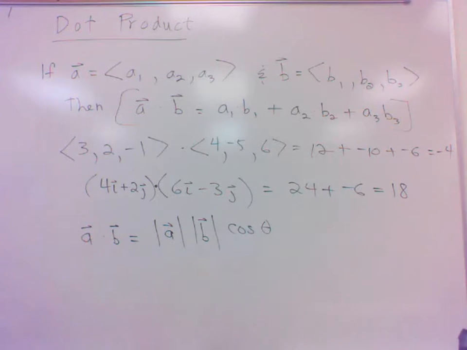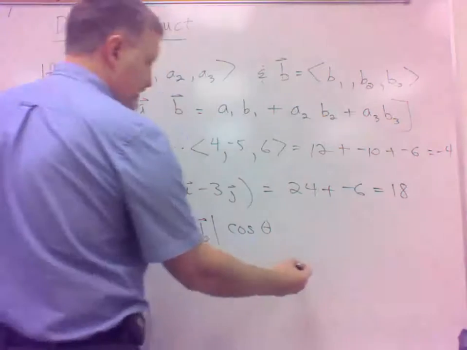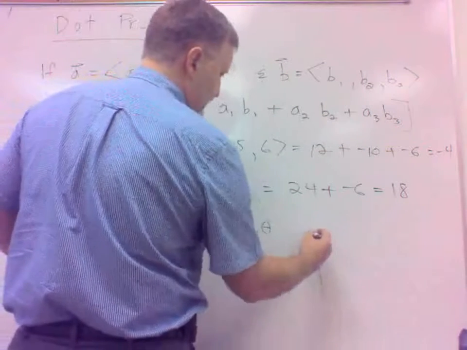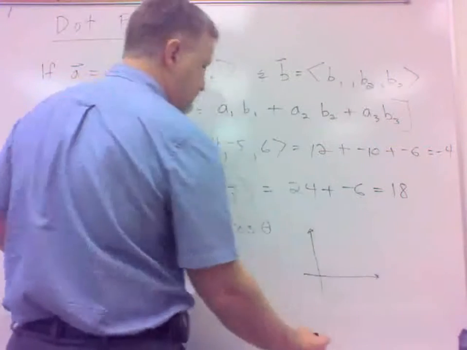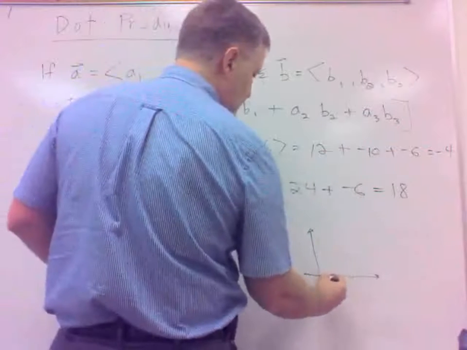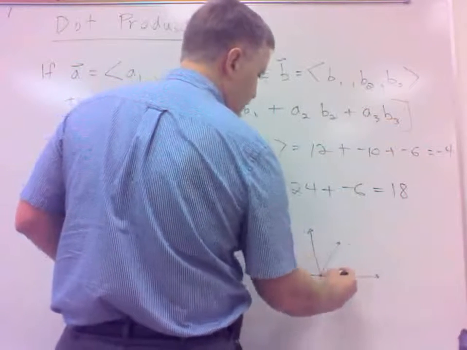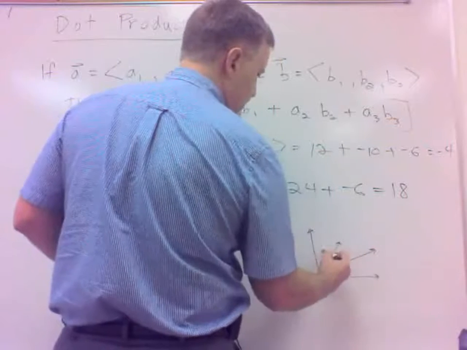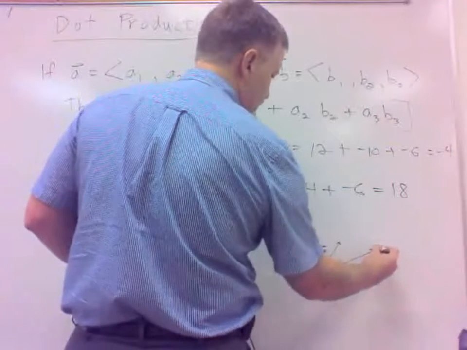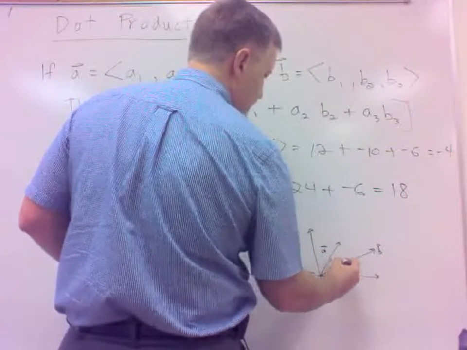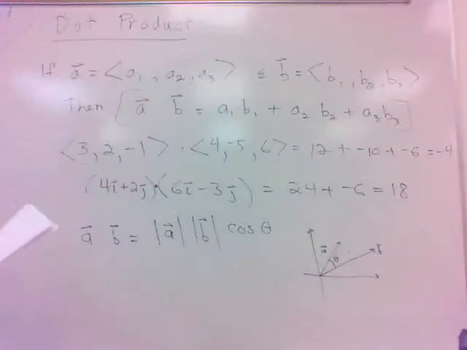If we look at the two-dimensional case here, vector A and then vector B here, theta is this angle right here, the angle between them.